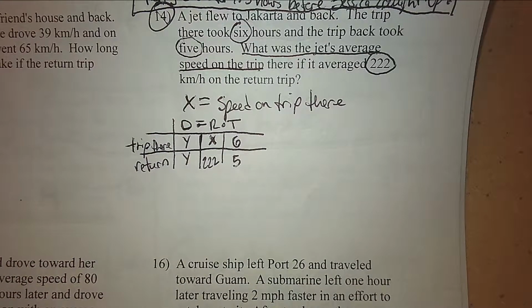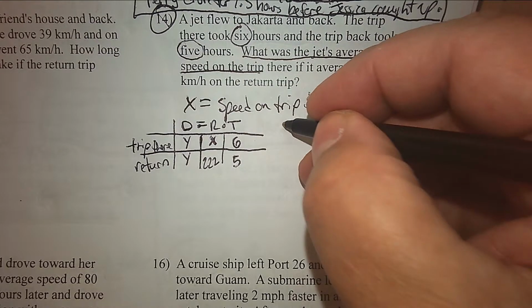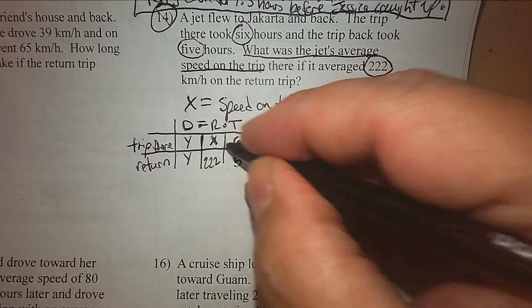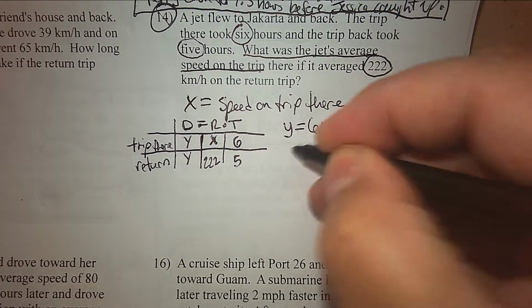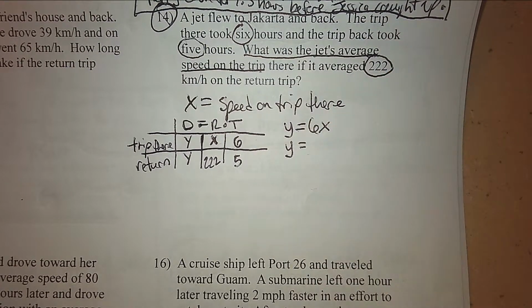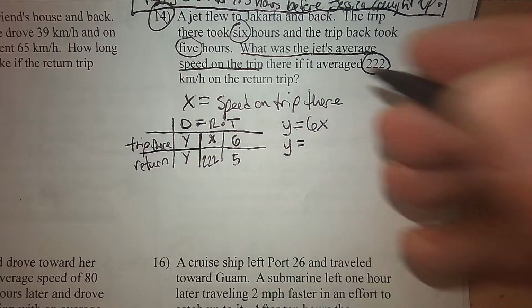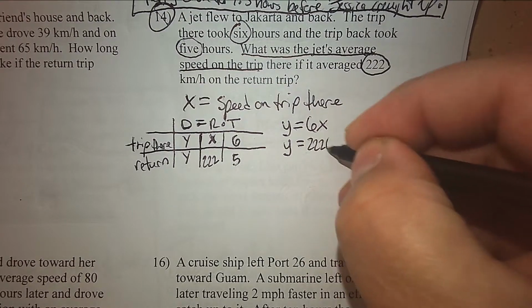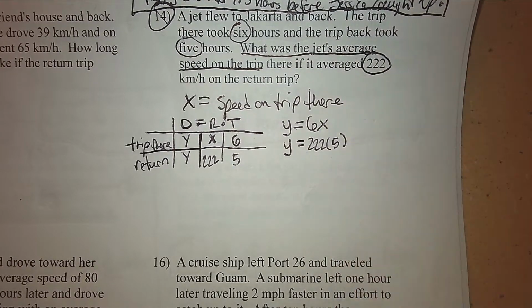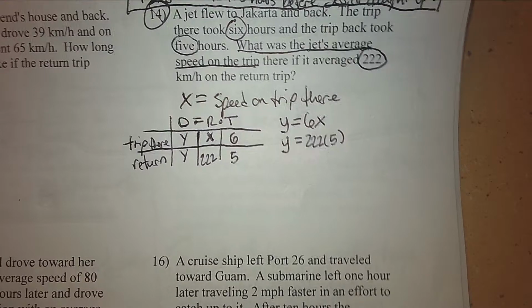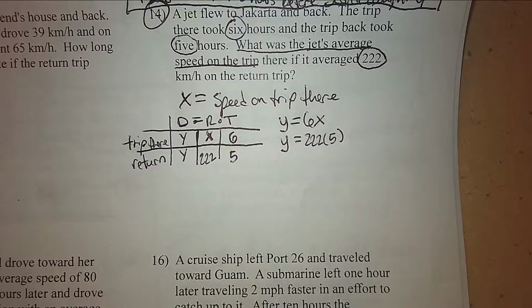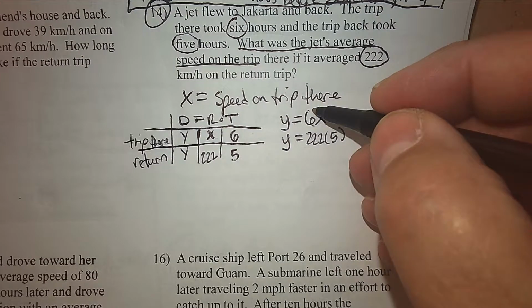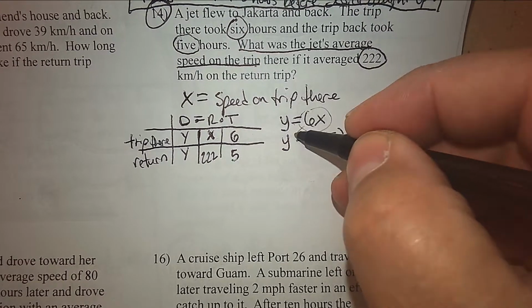So now we have two equations. One equation is y equals x times 6, and the other is y equals 222 times 5. To solve this, I can take one equation and plug it into the second one.